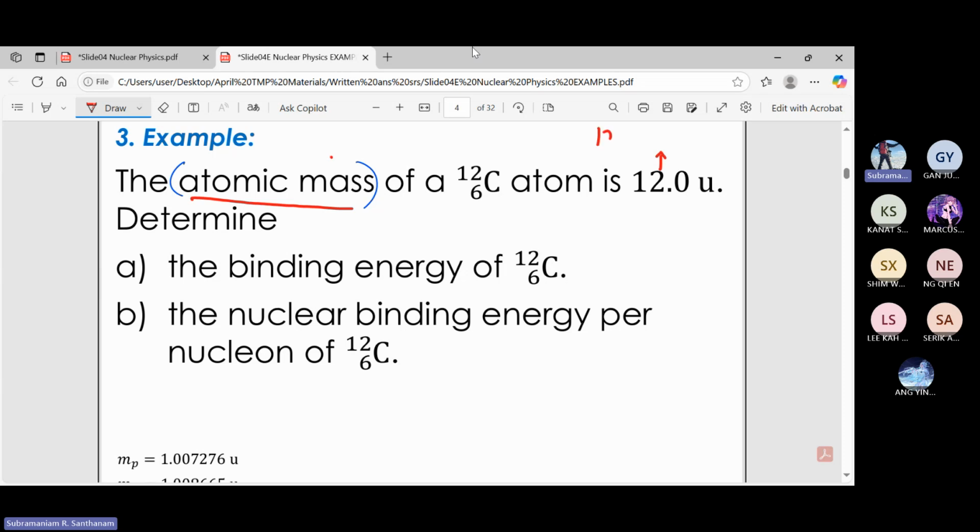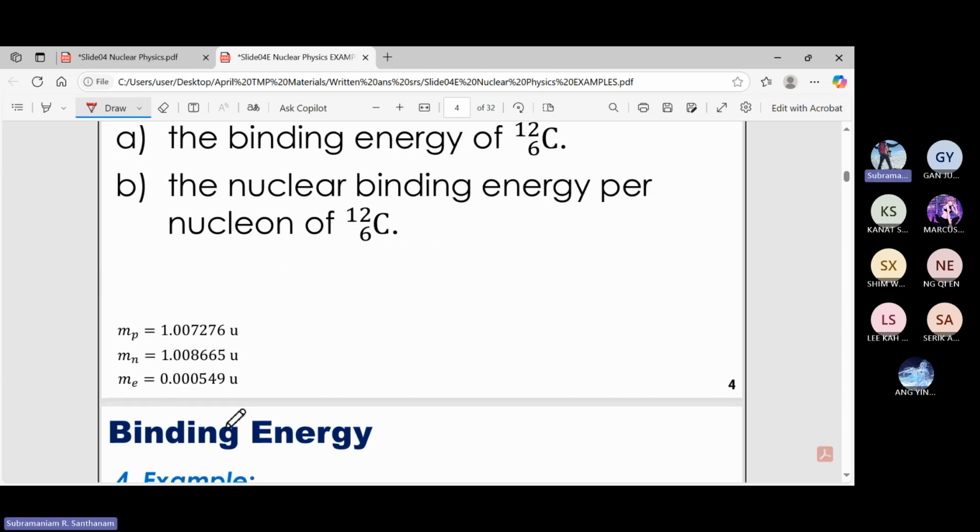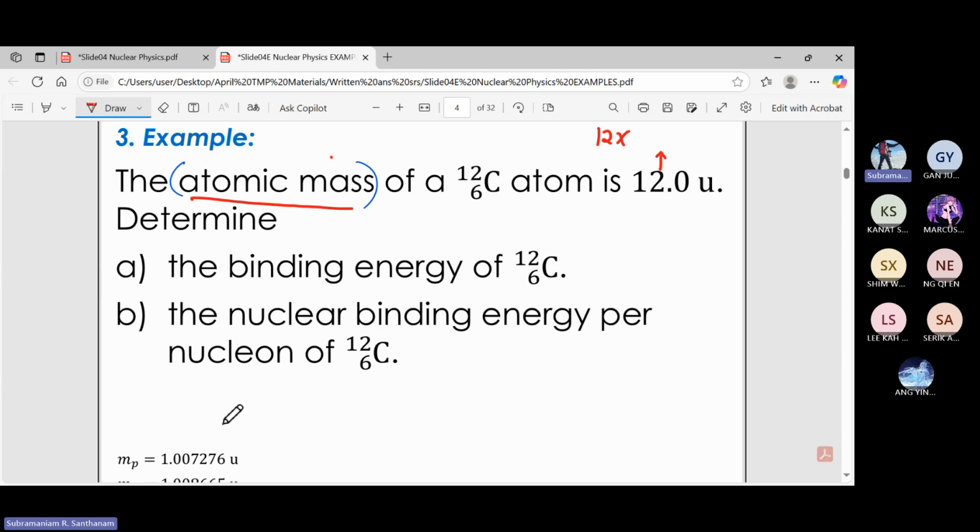It is 12, I don't put the 0, times the unified atomic mass value, 1.66 times 10 to the power of minus 27. This will give you the mass in kg. So that is the atomic mass.